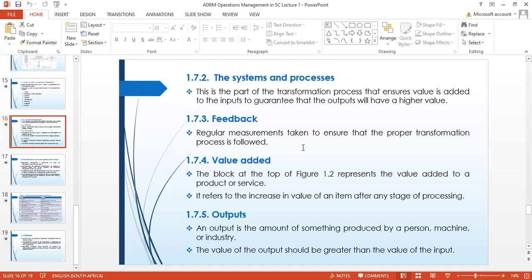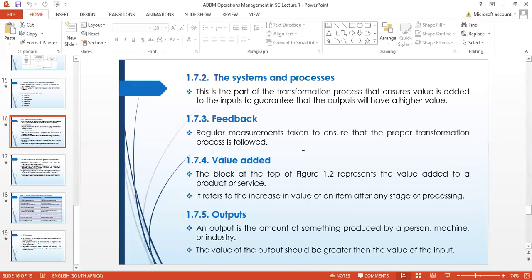And then the value added, we have seen it there on top, is the value that is going to be added to a product or service, increasing the value of an item as it is being processed, so that we come up with something that is going to entice the customer.